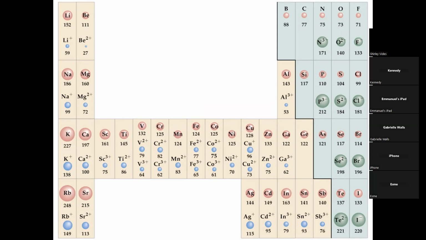Now notice in the middle area, when there's more than one ion, what is happening? What trend do you see? Look at chromium, for example. Chromium 2 plus and chromium 3 plus. What's the difference? Somebody can tell me.